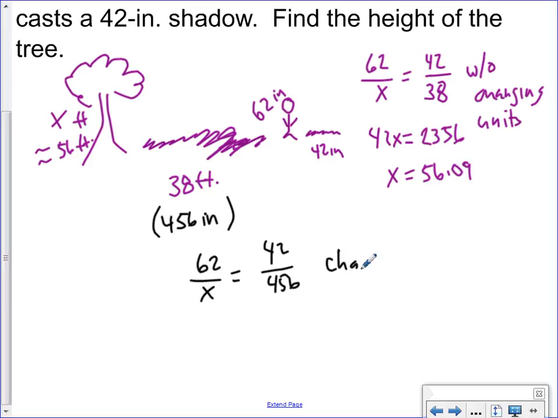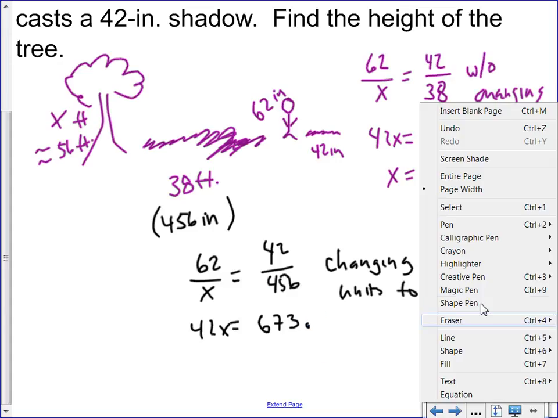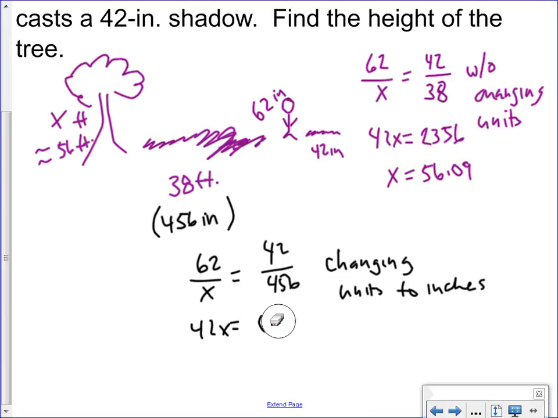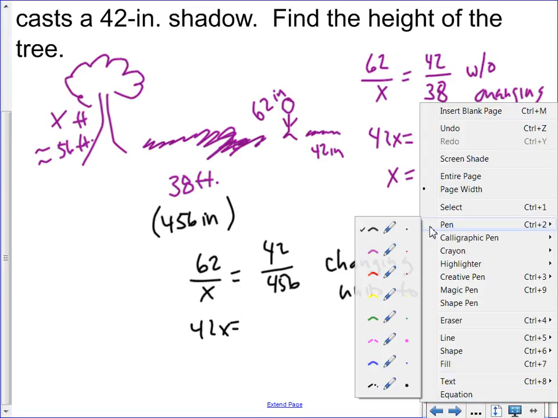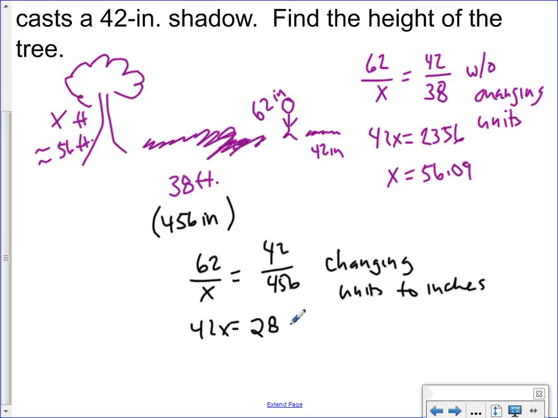This is changing to inches. 42x is equal to 62 times 456, which is 28,272. Dividing gives 673.14 inches.